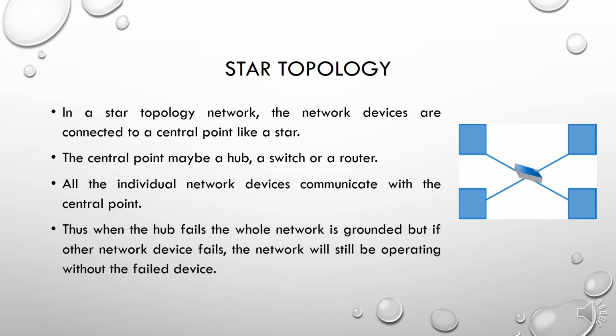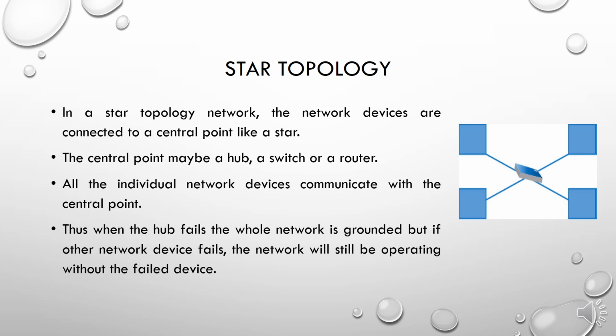Thus, when the hub or the central point fails to work, the whole network will fail and will not work. But if other network devices fail, the network will still be operating without the failed device.